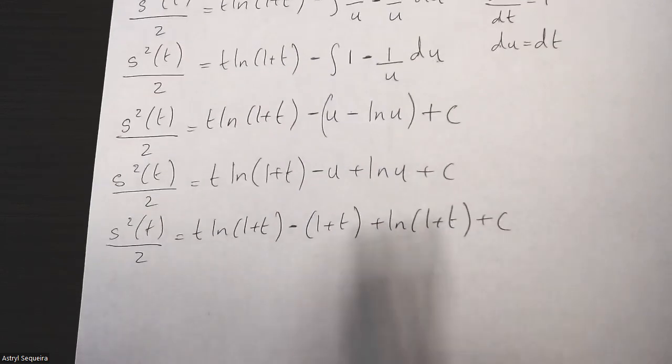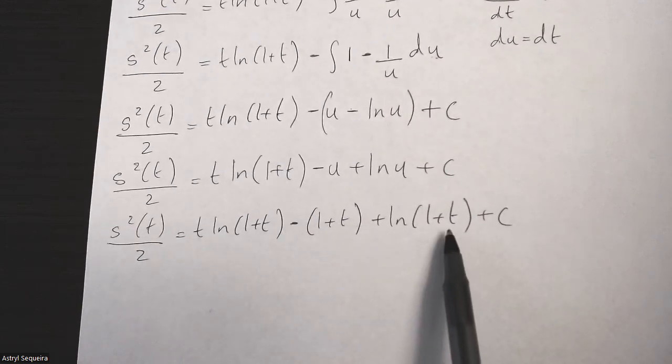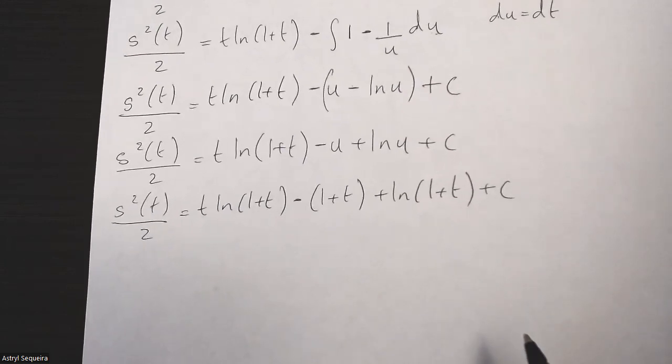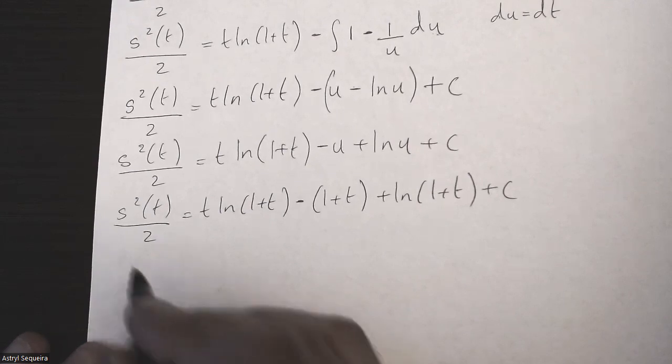So this is the differential equation here. I mean, there are a couple of ways you can simplify it. You could distribute this negative into this bracket. You could common factor ln(1 plus t) out of these two, but I'm not going to really bother with that. I'm just going to leave it like this because honestly, there's no really huge difference.